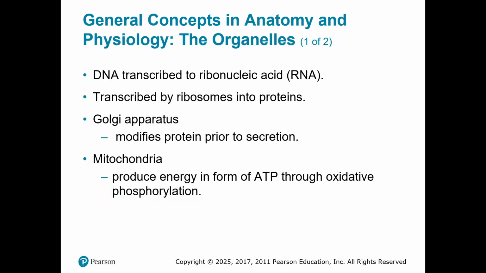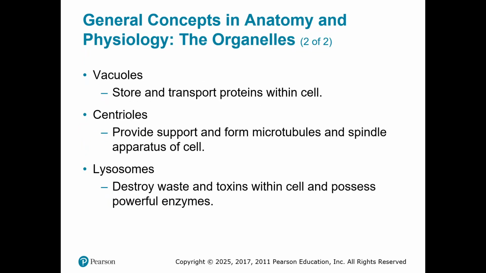Just need to understand about aerobic and anaerobic. The vacuoles store and transport proteins within the cell. The centrioles provide support and form microtubules and spindles. This is how things move around inside the cell, on these microtubules. We talked about the lysosomes and what they do already.